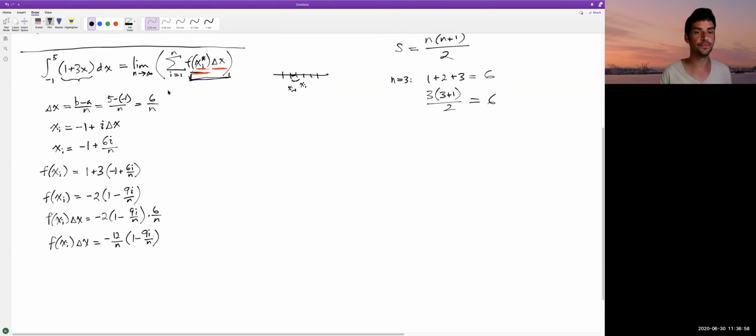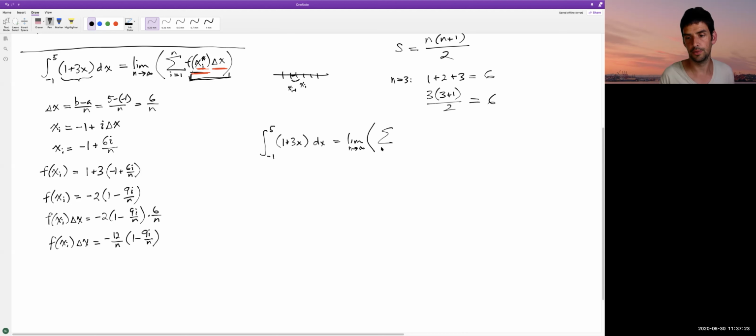Okay, so now let's continue. We've got all the pieces we need. We can write this thing out now. So remember what we're doing. Let's kind of regroup. I'm taking this integral from -1 to 5 of 1 plus 3x dx. And I know this is equal to the limit as n goes to infinity of the sum, i equals 1 to n, of f of x sub i star delta x.